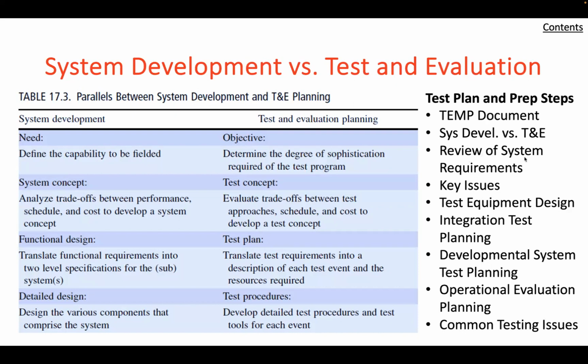You also, before you do your system test, you want to be reviewing the system requirements. Has anything changed? That needs to be updated to make sure that you're testing to what is currently the on-contract baseline that you have. You want to be reviewing any types of key issues that might be there. Oversight, is management and everyone buying into that?